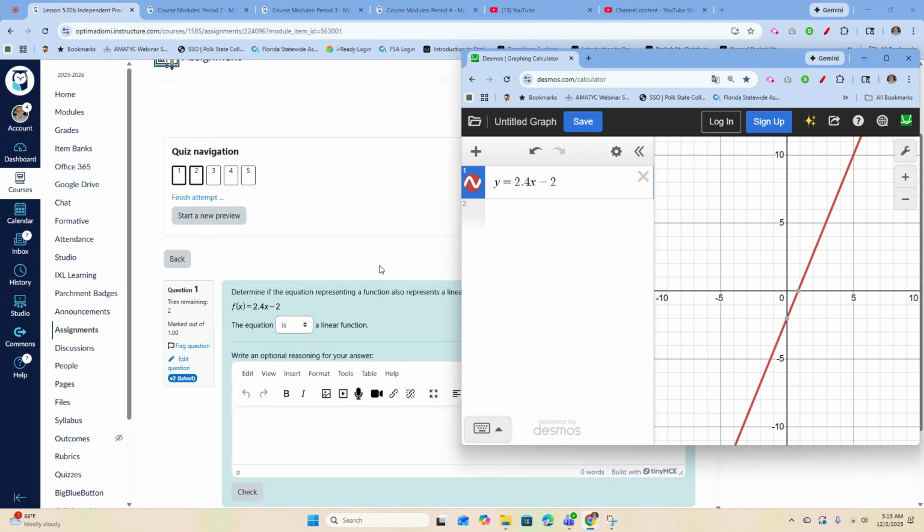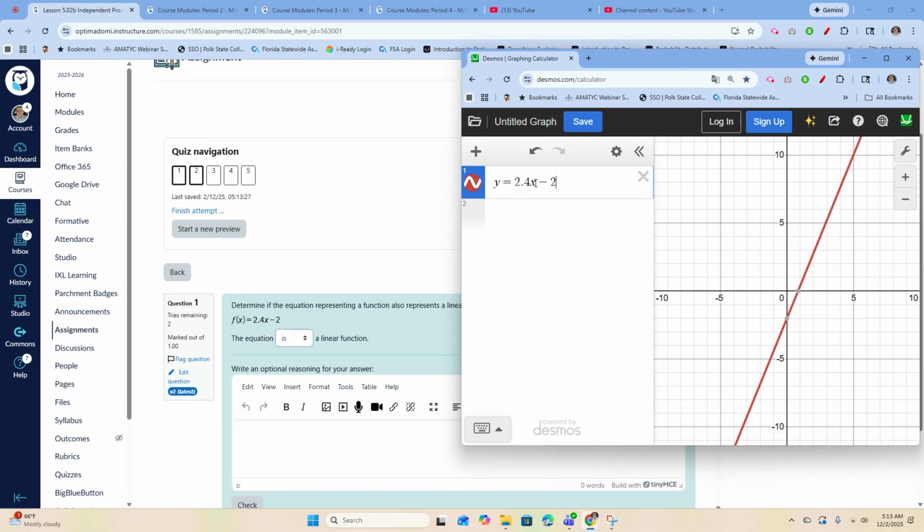You can use a graphing calculator and see the picture, see the graph, but most of the time you don't have a graphing calculator. So you need to figure out another way of identifying if the equation is a function or not. And that other way is just look at the variable x. And look, I'm going to put it right here. See this x?